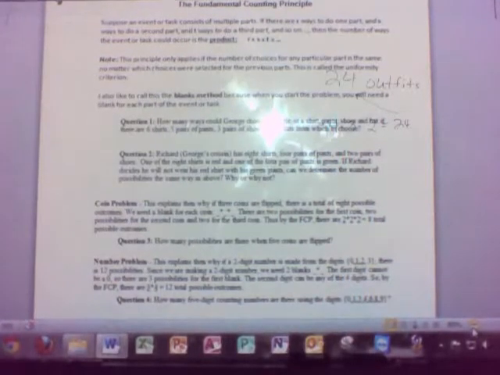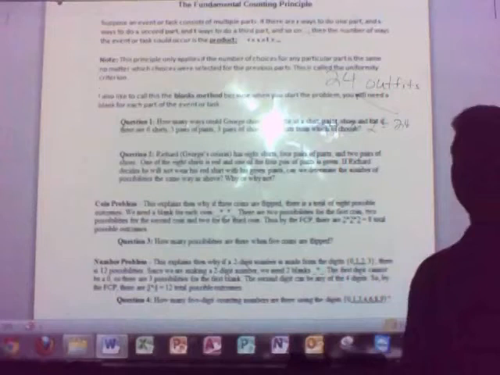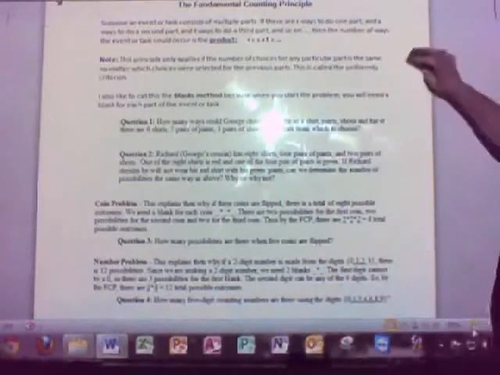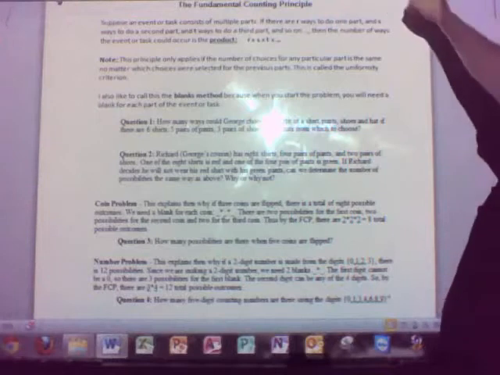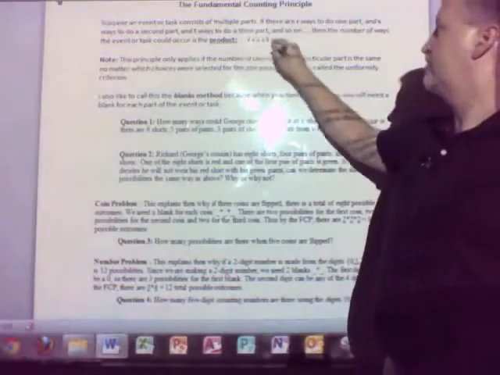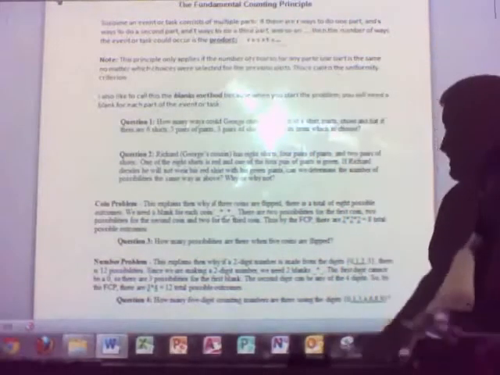Page 2. On page 2, I give you what this is called. This multiplying process is called the fundamental counting principle. And here's the statement of it. Suppose an event or task consists of multiple parts. If there are R ways to do one part, S ways to do a second part, T ways to do the third part, so on and so forth, then what do we do? We multiply those parts together.